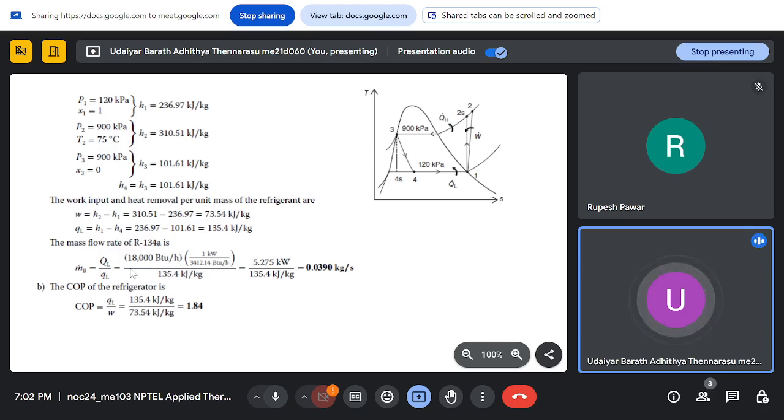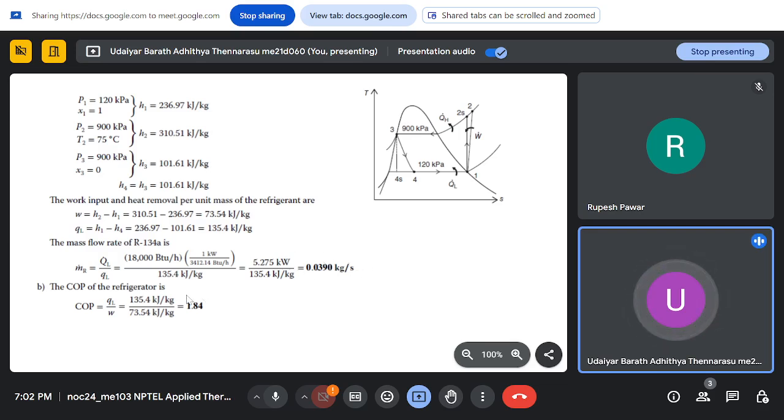So dividing by that, we get 5.275 kilowatt. That is your cooling capacity required. Divide by 135.4, and that gives you 0.039 kg per second.